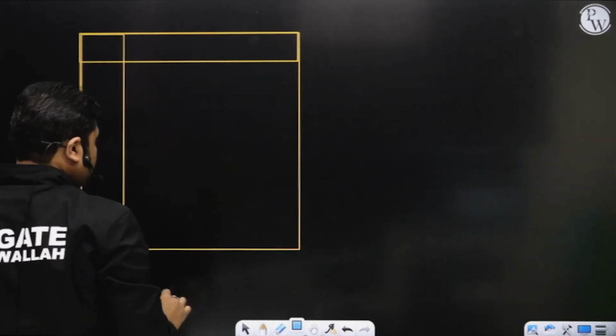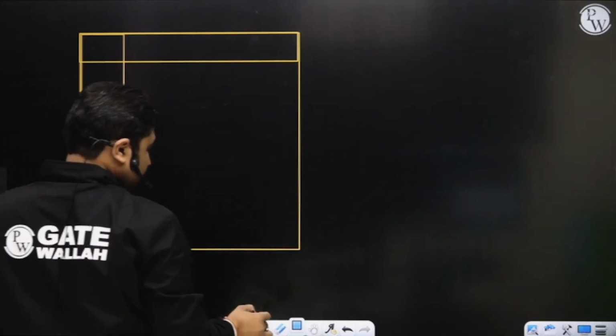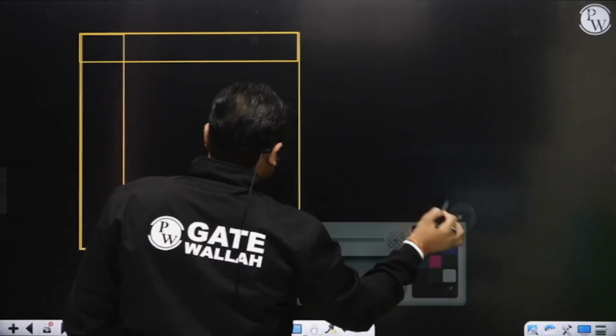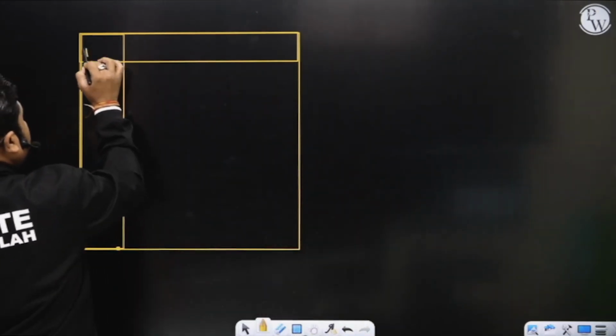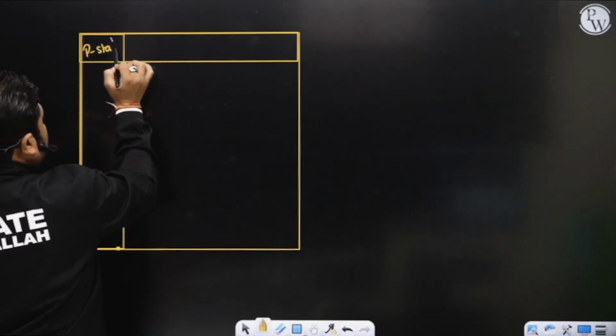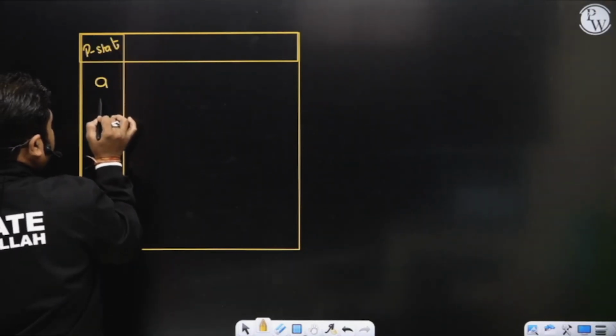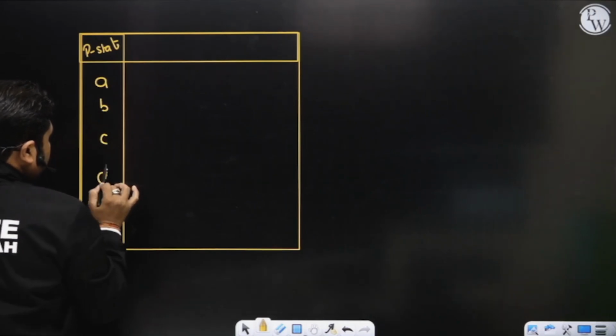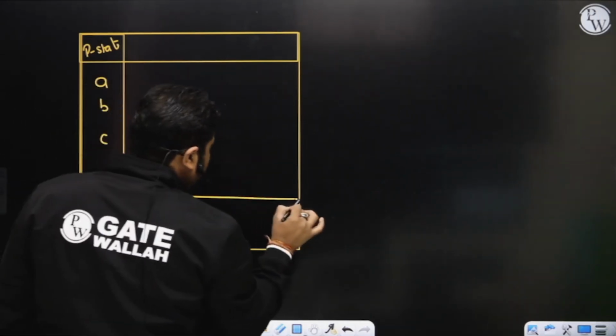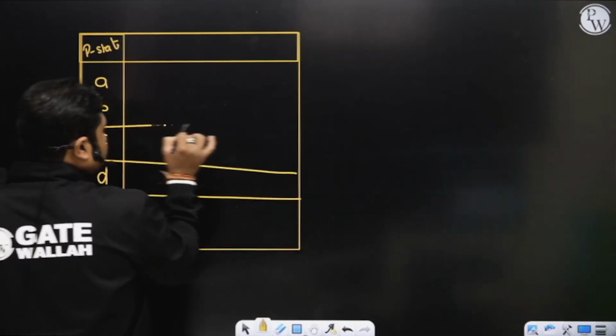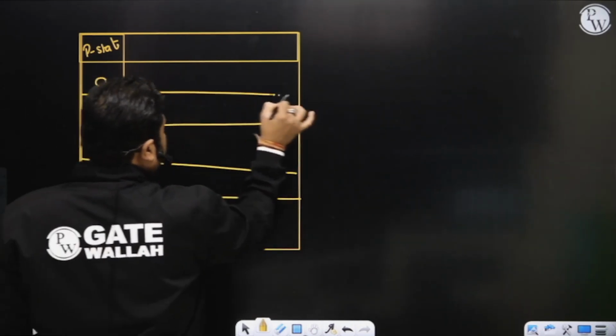I am representing the present state. Present states are A, B, C, D, E. So we have total 5 different states.